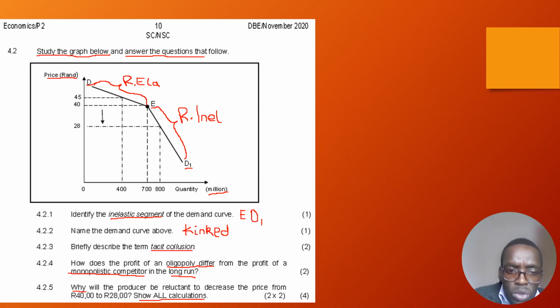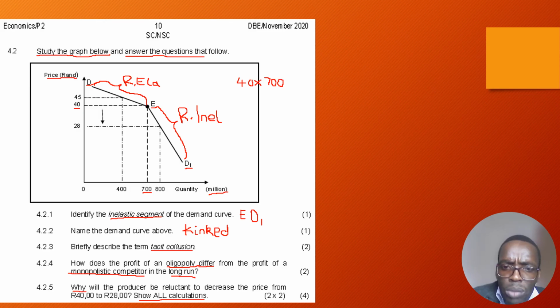So what you are supposed to do is, you now know that at 40 rands the producer is selling 700. We want to know how much revenue the producer is making, because remember, if they are making more money, then they would be encouraged.